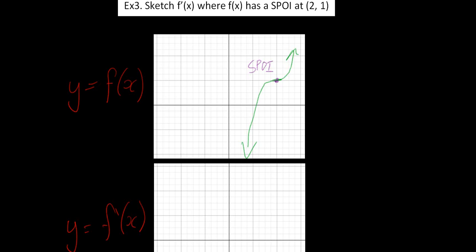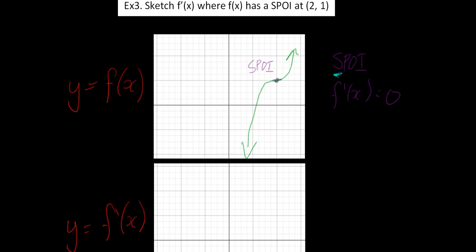If it's stationary, it also means that on your derivative function, let's just list it out over here. So for a SPOI, f dash is equal to 0, because we know that if it's stationary, you're going to have a gradient of 0. So let's just underline that.